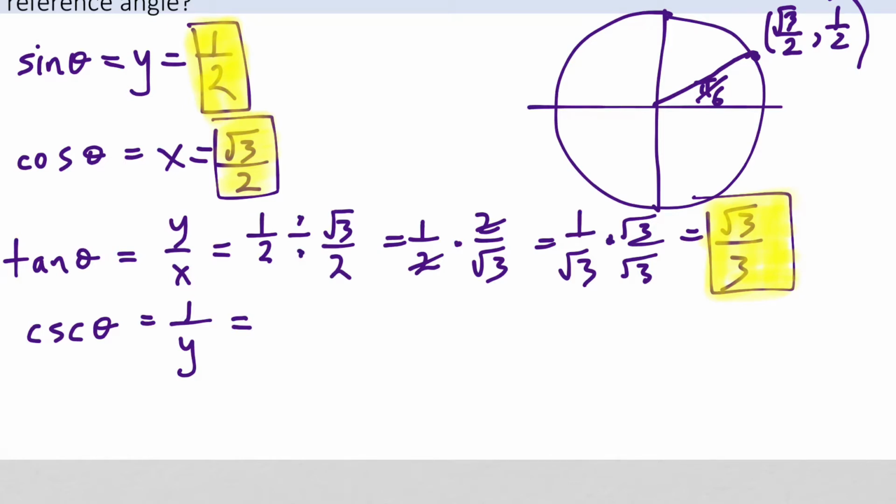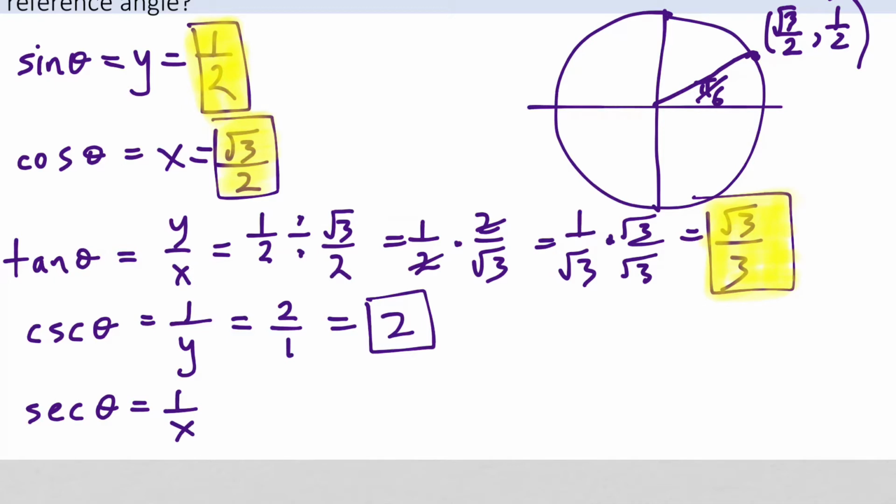So instead of being 1 over 2, it's 2 over 1, which is equal to 2. All right, then the secant is the inverse of the cosine, so you flip the cosine upside down. So that means 2 over root 3, and then we would rationalize that. So that's 2 root 3 over 3.